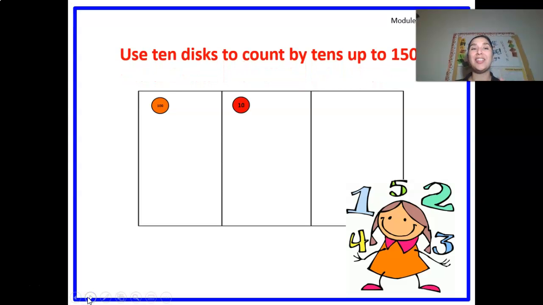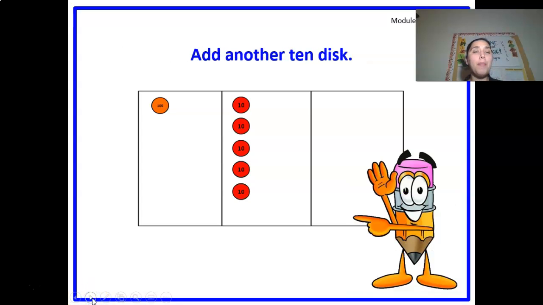Now we're going to use 10 discs to count up to 150. Watch. 110, 120, 130, 140, 150. Now I'm going to add another 10 discs.